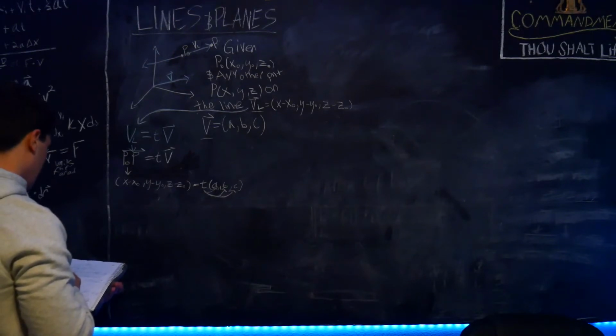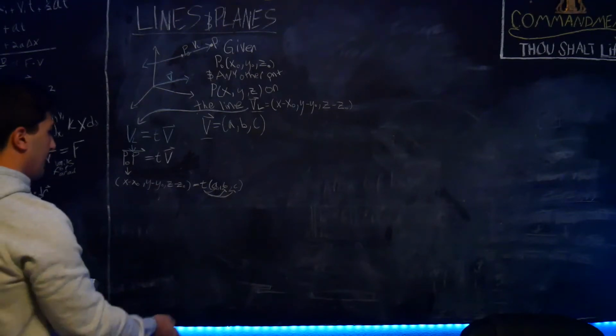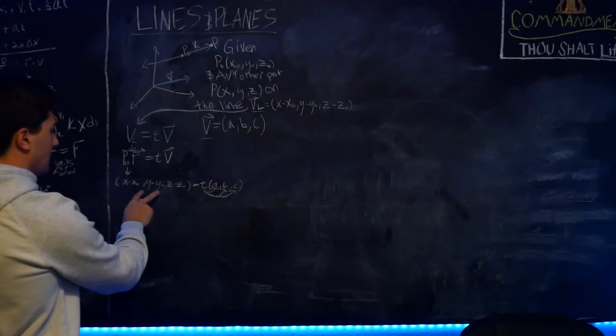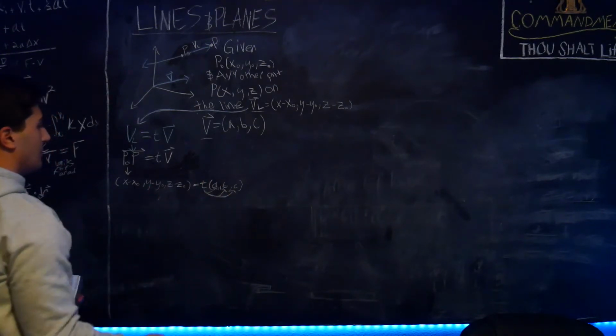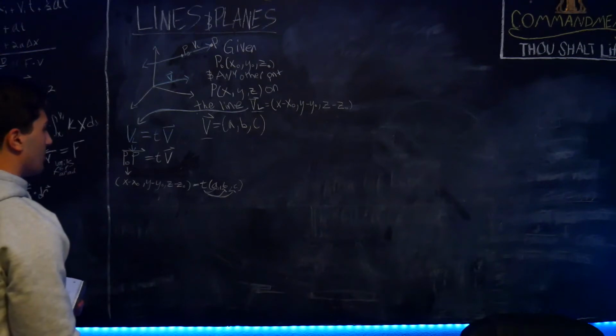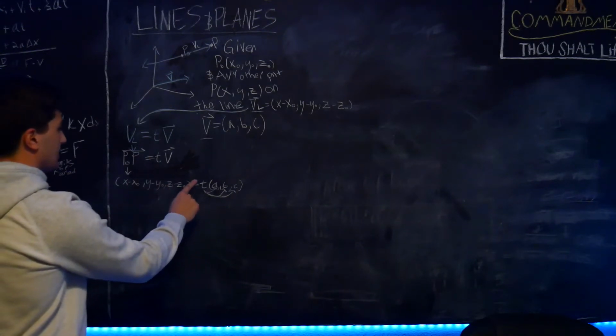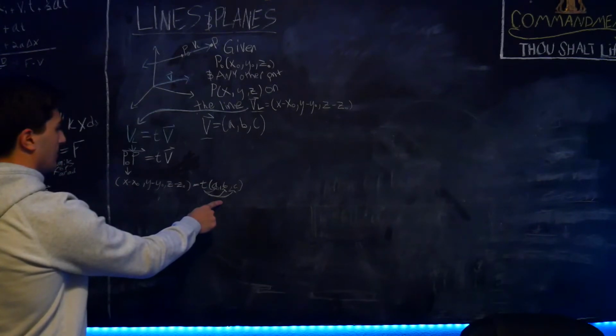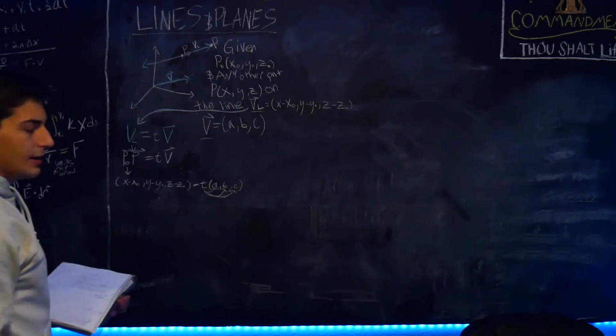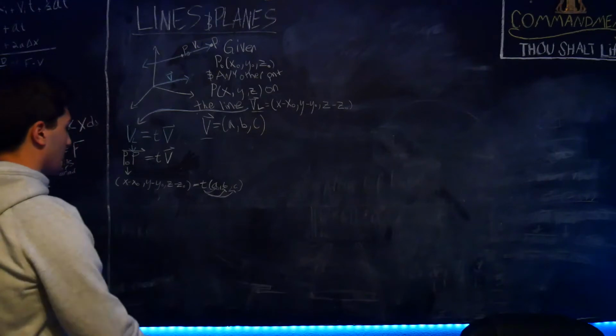And so if these are the vector components and they're equal, right? This is an equal sign. If these are equal, then their vector components have to be equal as well, right?